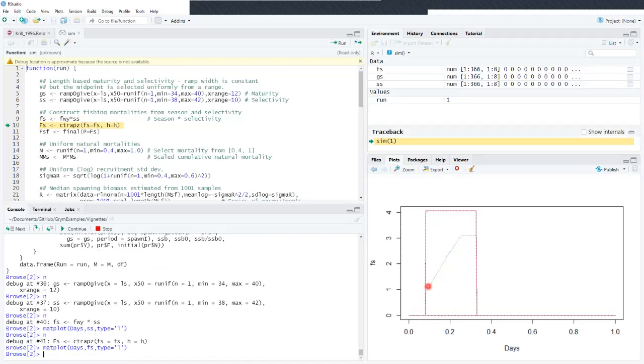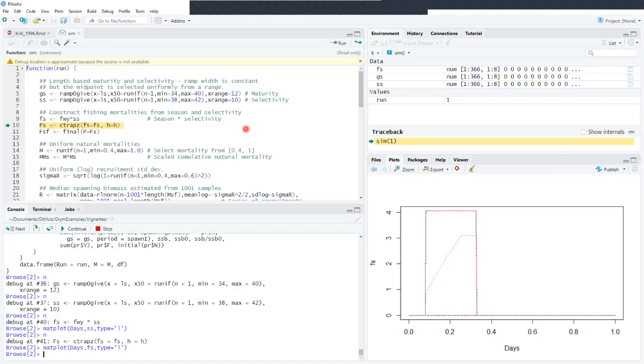Here's that one age class that sort of at the start of the year wasn't fully selected, gets to 75% selected, and you can just faintly see the next age class up is in there. Okay, let's just progress on.